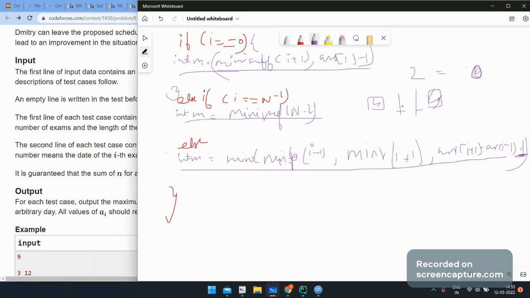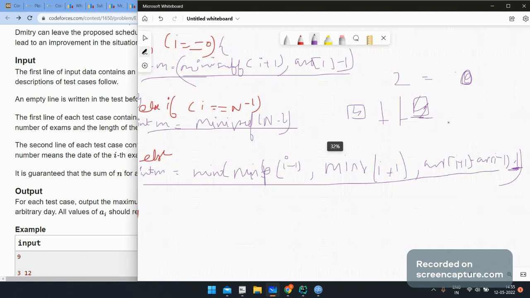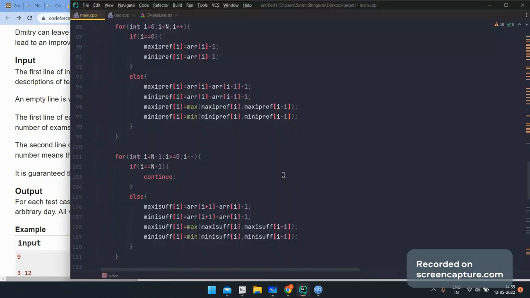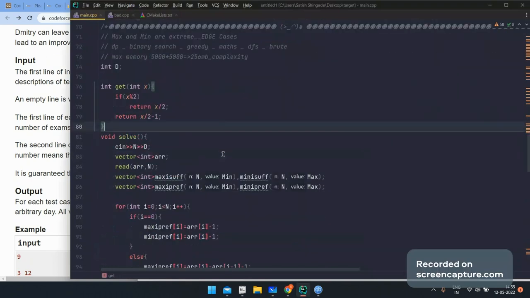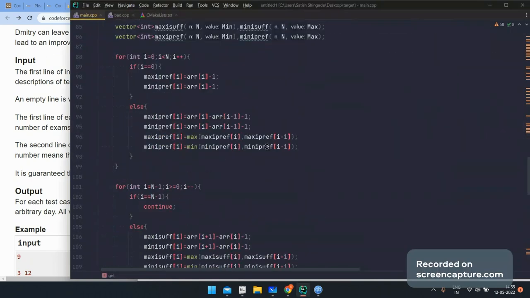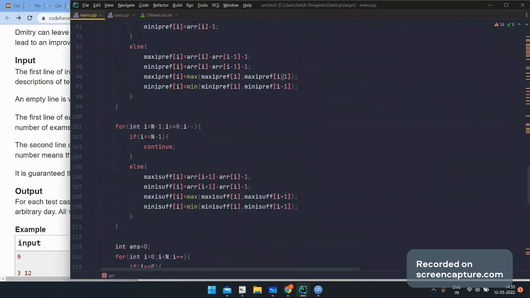Even if we put here, the answer will be 0, because here there exists an element. That's very obvious. So the answer would be: if g mod 2 is equal to 0, then g divided by 2 minus 1, else g divided by 2. Simple. So this is the get function, which is kind of a seal, you can say, but that's not the correct term.